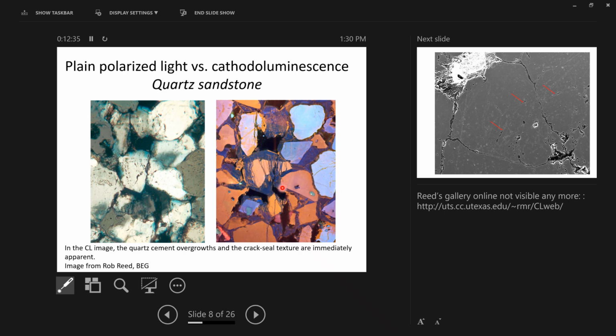This is basically the overgrowth of cements on this one, which I can quantify if I have different types of images. If I was interested in modeling cementation as a rock formation process in a sandstone, then I would need images like this to quantify the cement overgrowth as well as the type of cements.